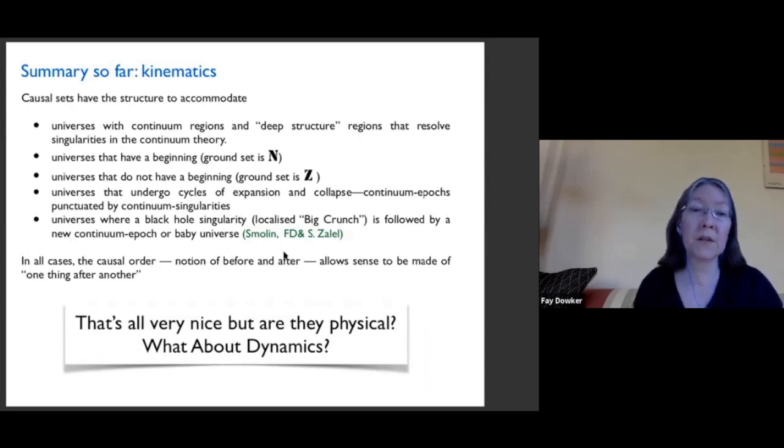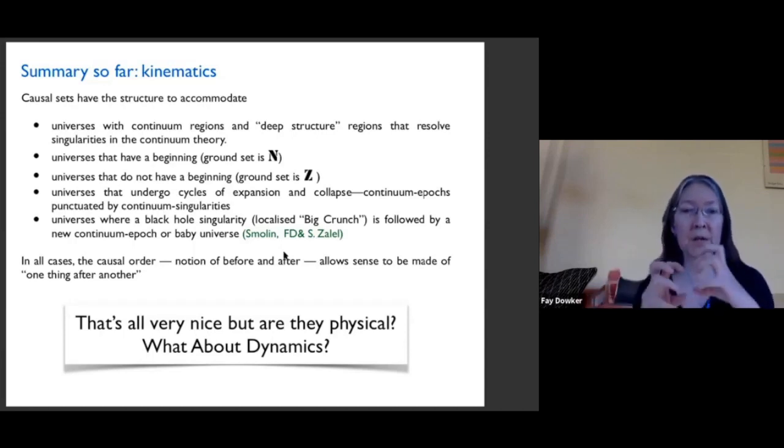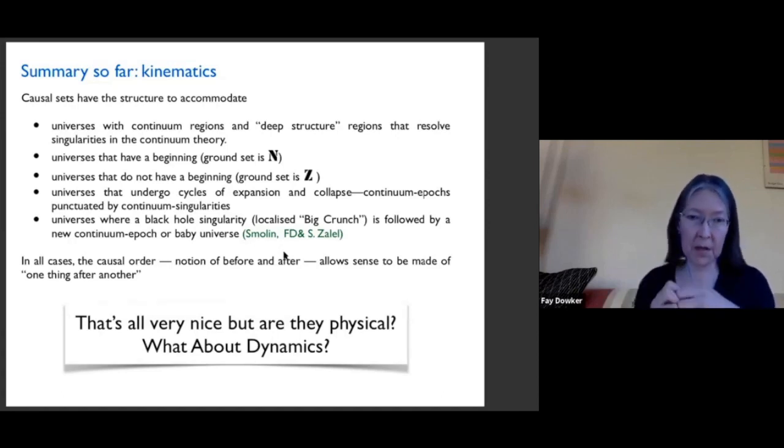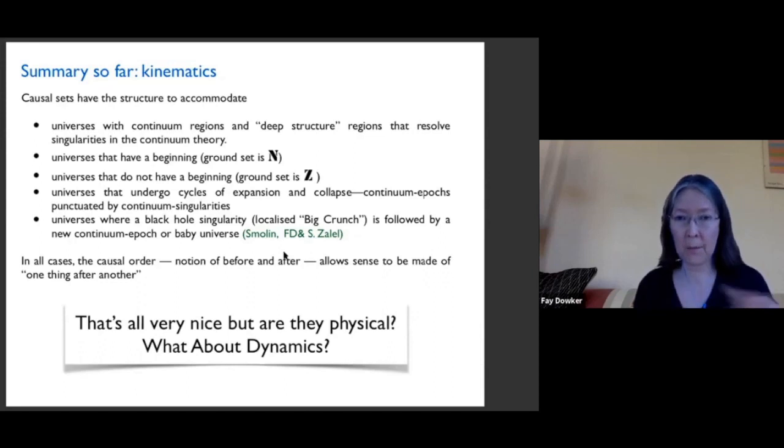Universes that have a beginning, whose ground set is the natural numbers; universes that do not have a beginning, whose ground set is the integers; universes that undergo cycles of expansion and collapse, continuum epochs punctuated by continuum singularities. So I just want to stress the regions of the causal set which are not manifold-like, they correspond to singularities in the continuum theory. They're not included in general relativity. General relativity doesn't describe those.